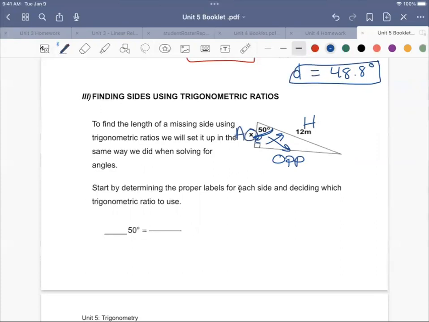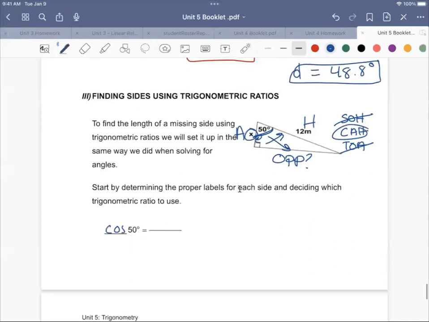So in this case, I know between SOH CAH TOA, I'm looking for side x, which is A, so it's my adjacent. So I know I have to use either cosine or tangent. I cannot use tangent because I do not know my opposite.